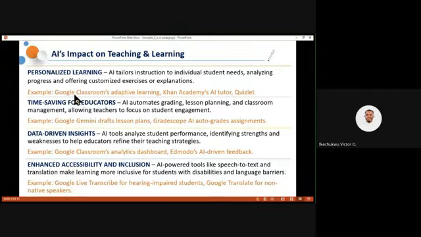And we have examples: Google Classroom's adaptive learning and Khan Academy's AI Tutor. The Khan Academy AI Tutor observes what the learner knows and then begins to make progressive development as you compound information or knowledge. It's compounded based on how the system has understood the child's potential.